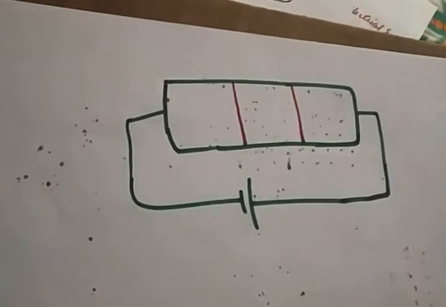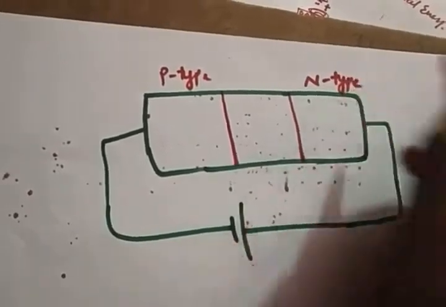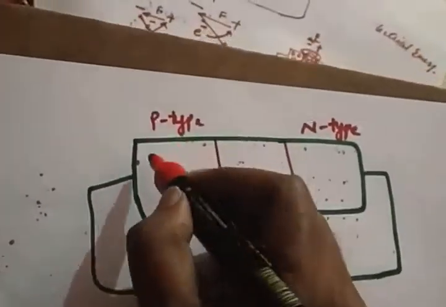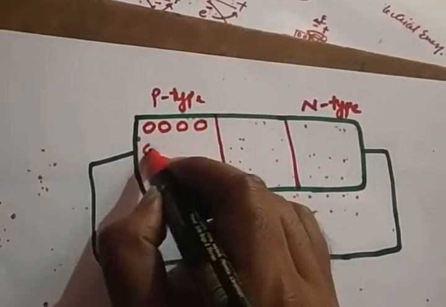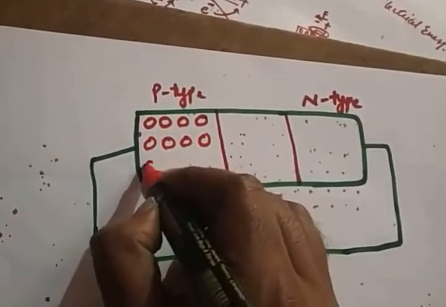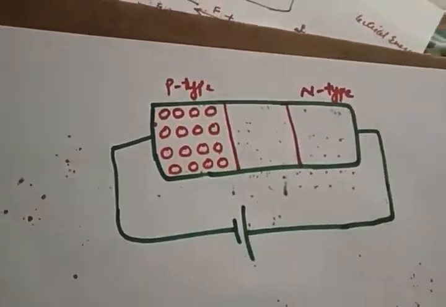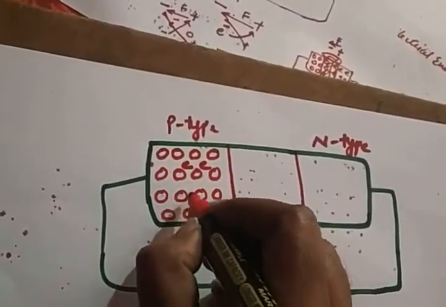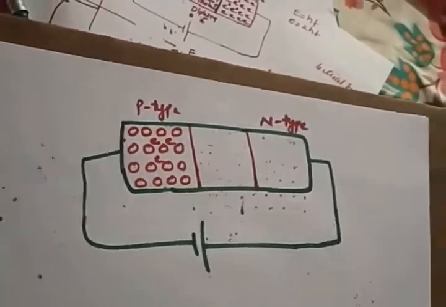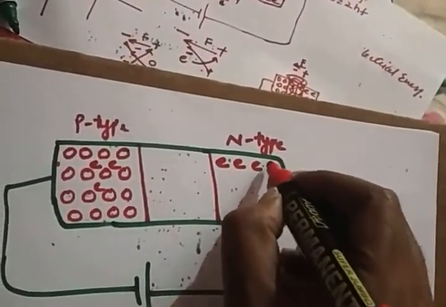Alright, so this is the P-type and this is the N-type. In P-type, holes are the majority carriers, and electrons are the minority carriers, a small number of electrons. In N-type, electrons are the majority carriers and holes are the minority carriers.